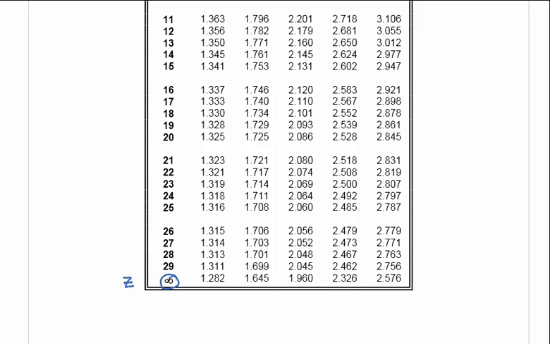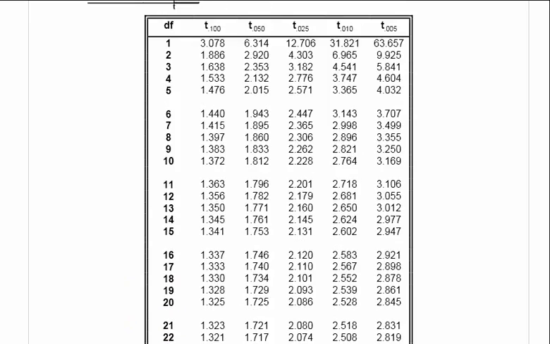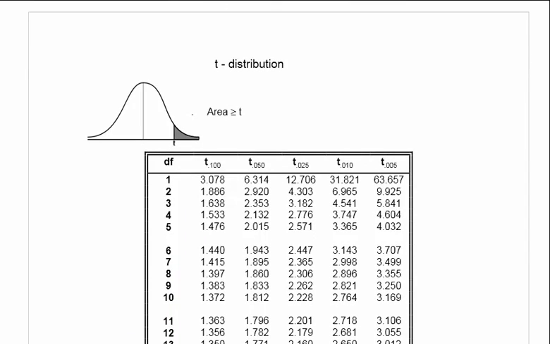But what these are is these are the z-values that correspond with a tail at either 10%, 5%, 2.5%, 1%, or 0.5%.